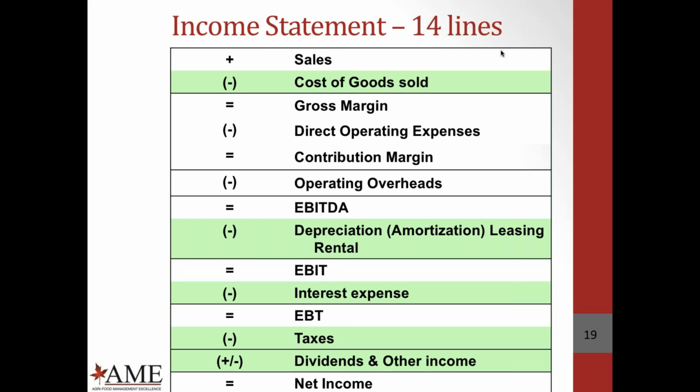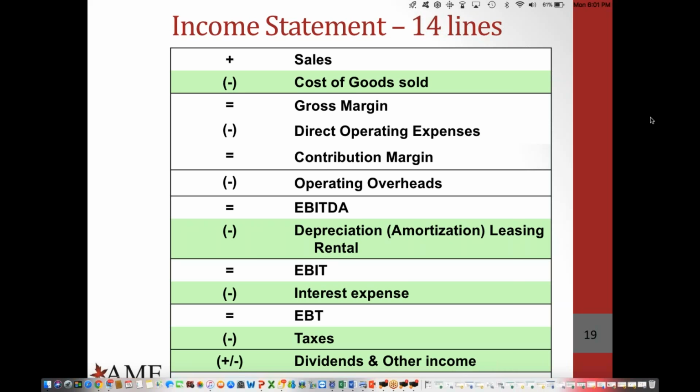Then the other pieces in there: if you think about the value chain from Porter, you've got inbound logistics, so the cost of shipping inputs in, if you pay for them. You've got outbound logistics, the cost of shipping product to market.